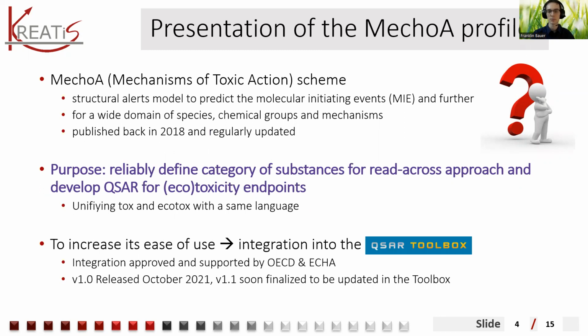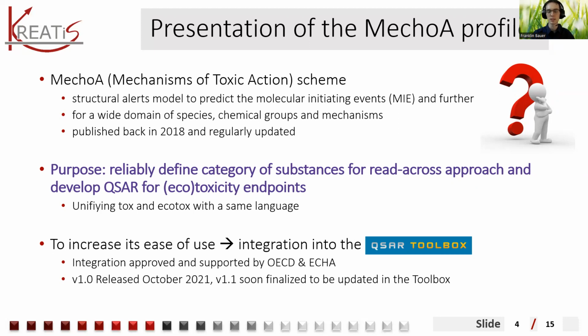Since its original publication in 2018, it has been regularly updated and is now in its version 2.2. The purpose of this scheme is to reliably define categories of substances for the development of read-across approaches and QSARs for ecotoxicity endpoints, and to unify toxicology and ecotoxicology with the same language.